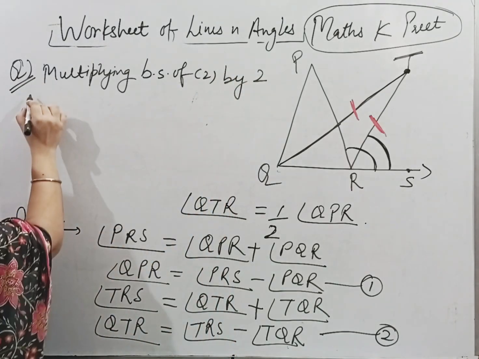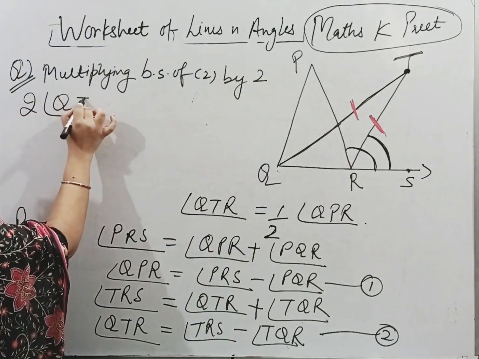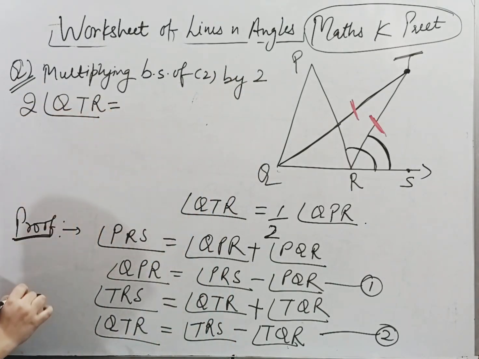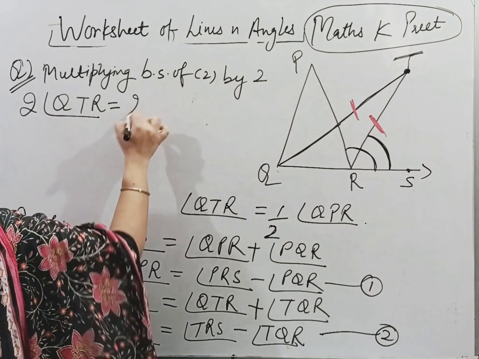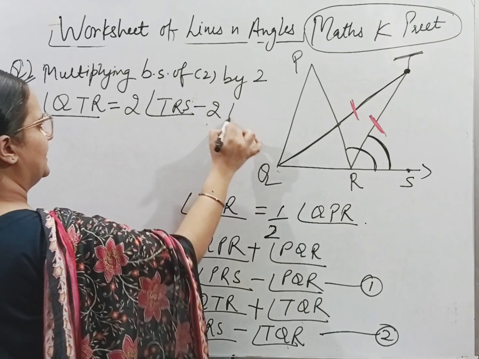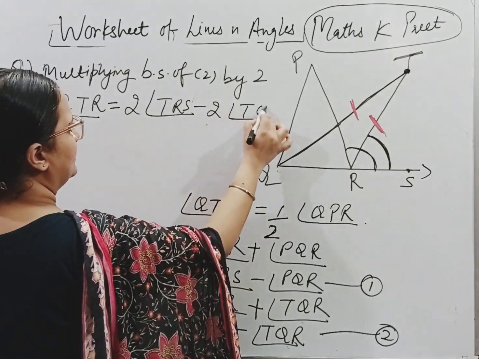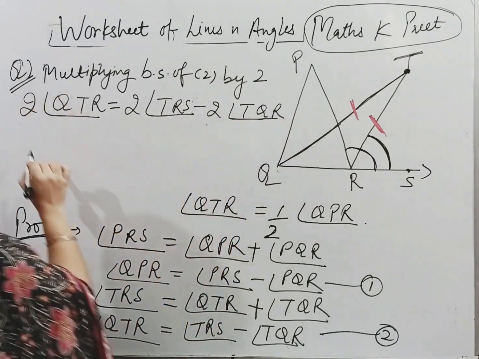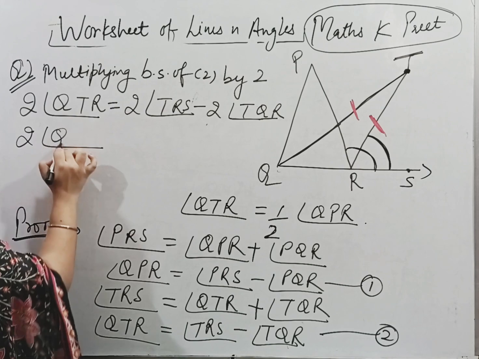So from here I have 2 QTR equals 2 times TRS minus 2 times TQR. Fine till here.